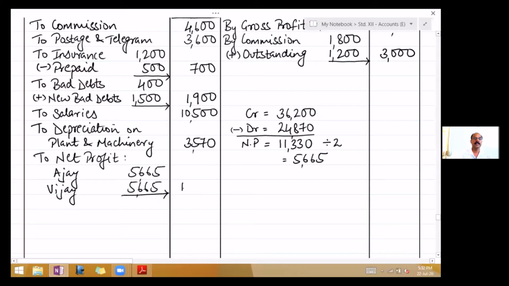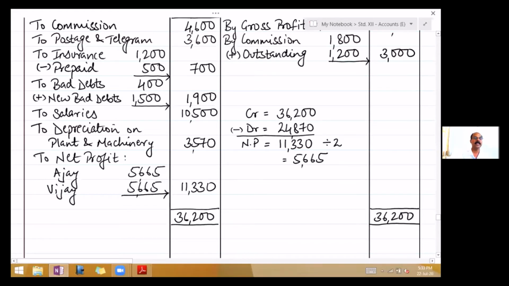Total will be your net profit, which is 11,330. And the total of P&L account was the credit side total, which is 36,200. And the net profit is added in the capital.